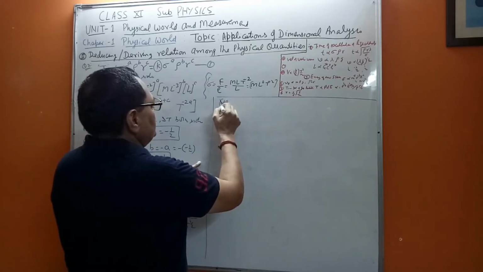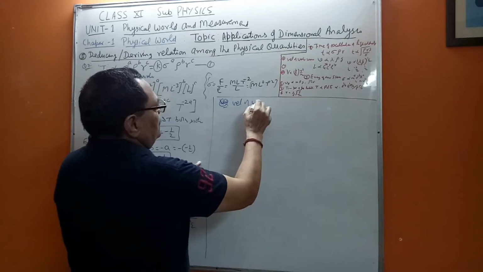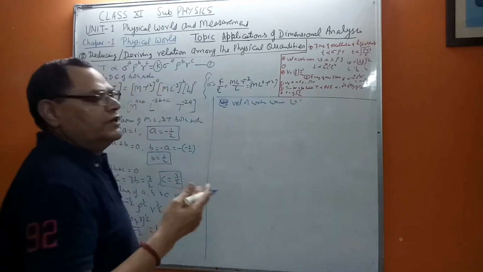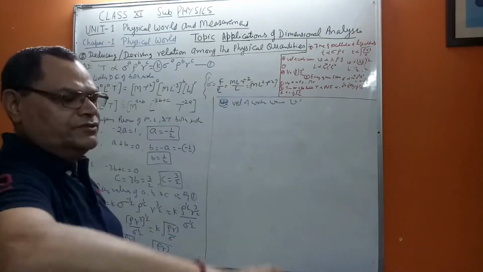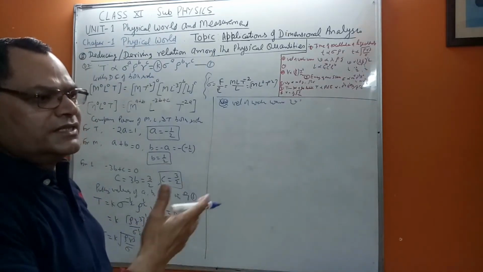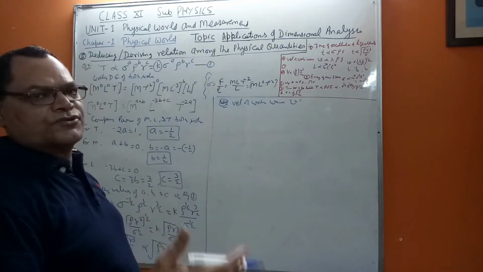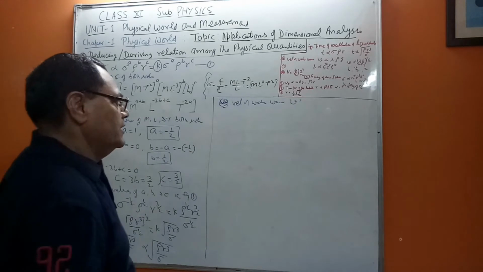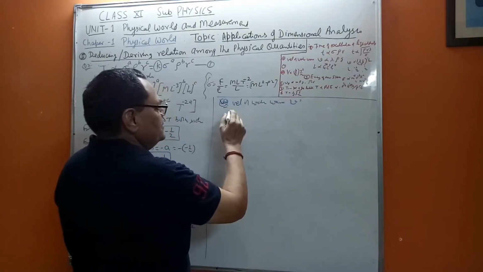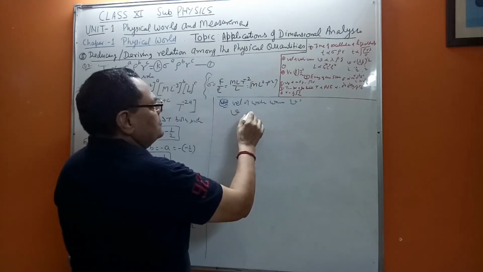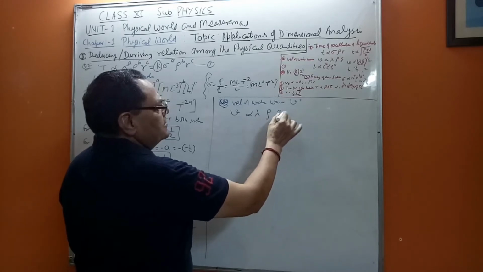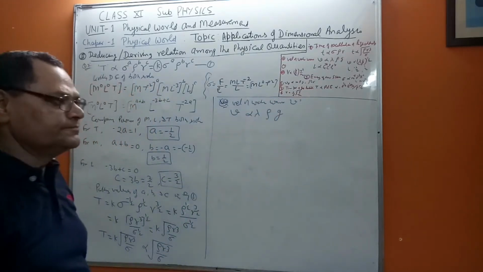So the question is, the velocity of water wave V will depend on, whenever water waves are there, there will be a wavelength, there is a density of the liquid, and of course acceleration due to gravity as well. So the velocity of water waves V depends on the wavelength, density and acceleration due to gravity.